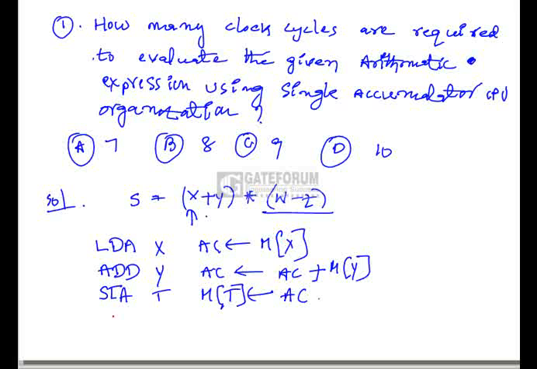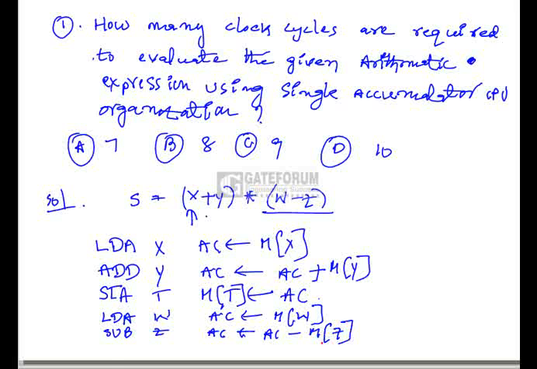Now freshly the W value will be loaded into AC. LDA W. So now AC receives the content of memory at address W. Again we have to subtract Z from this, that is SUB Z. So AC receives AC minus M of Z, the content of memory at address Z.